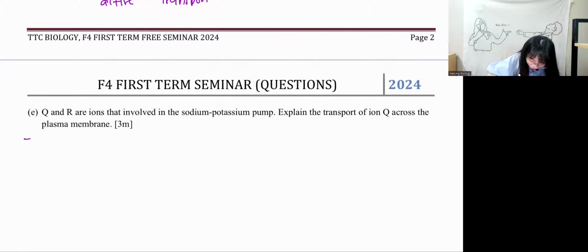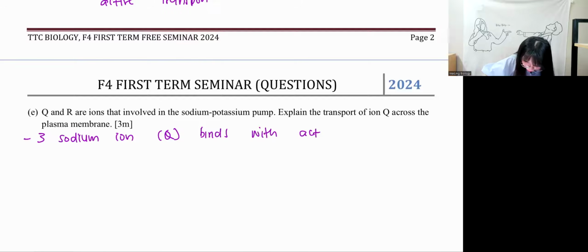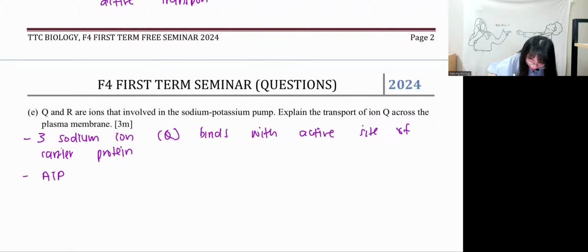So you're going to say: 3 sodium ion, Q, binds with active site of carrier protein. You're going to say: ATP is needed to change the shape of carrier protein.